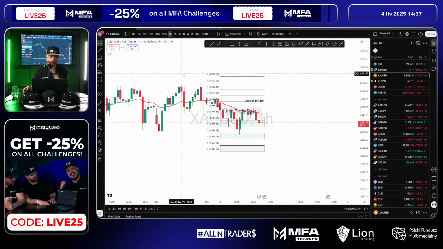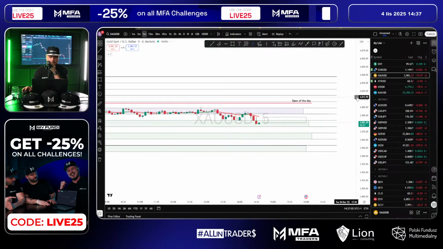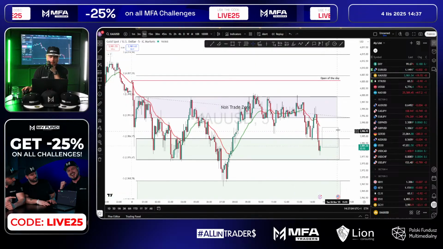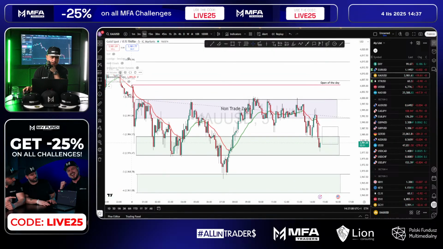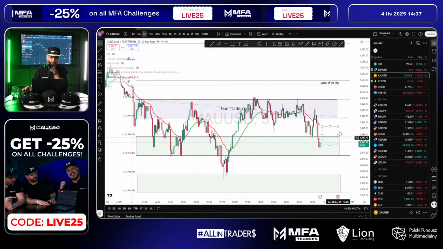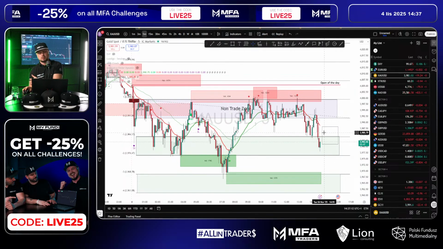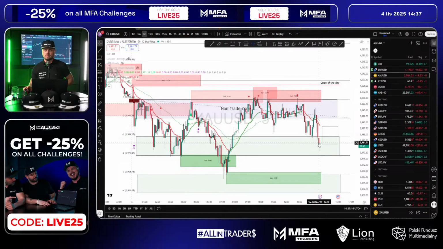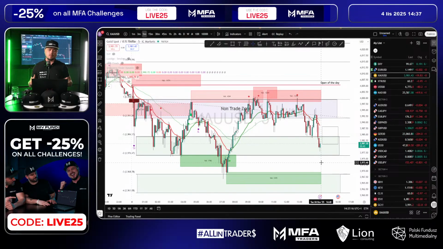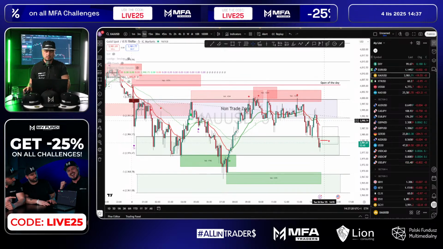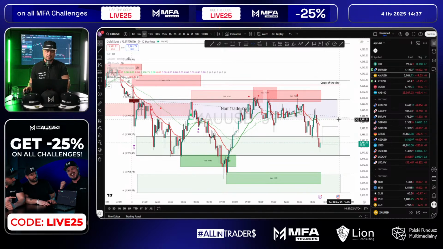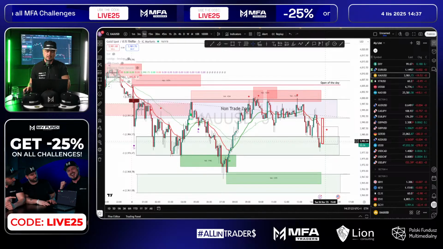Interesting. All right, on this one we're going to have to wait anyway, because if we want to go back into the range, we need to wait for the price to drop lower. We need space to open the position. I don't want to open a position like here. The gold can do it in one single candle.